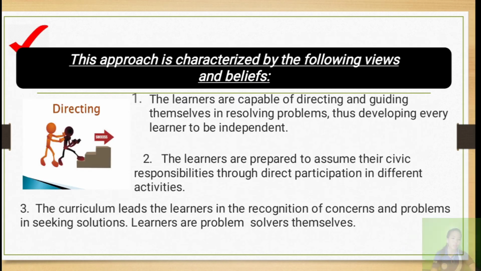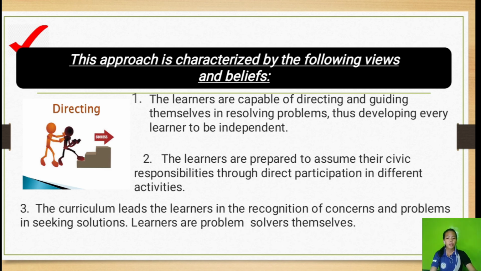So here are some views and beliefs that characterize the problem-centered approach. First, the learners are capable of directing and guiding themselves in resolving problems, thus developing every learner to be independent. This means learners are intended to manage one's own learning and become independent to respond to the difficulties in life. Second, the learners are prepared to assume their civic responsibilities through direct participation in different activities.